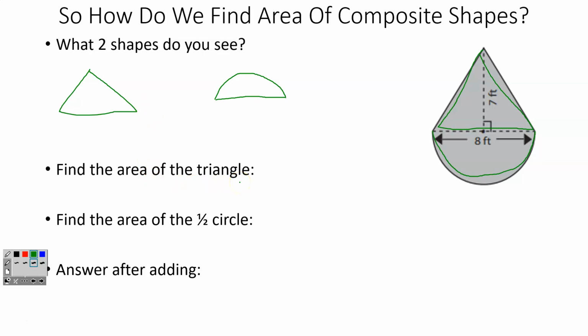That's just base times height, but don't forget to divide by 2. Base times height divided by 2. So my base is 8, my height is 7, divided by 2. So 8 times 7 divided by 2 gives me an answer of 28.